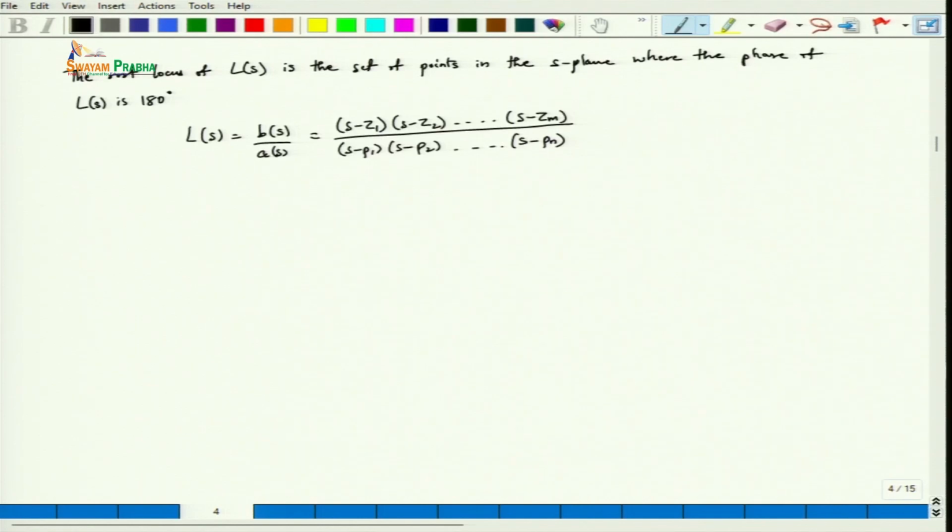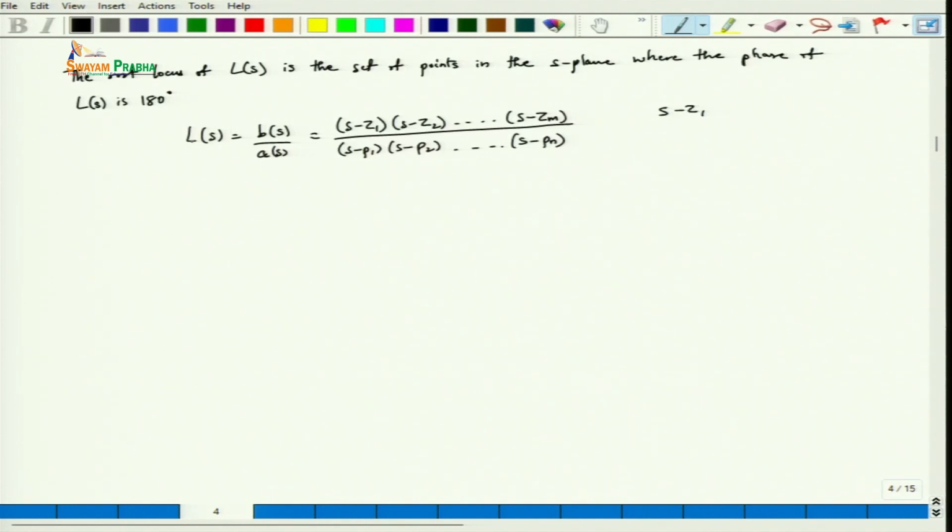So now if we consider any particular portion, like say for example, we just consider S minus Z1. Here this S is a complex number, will have certain magnitude and phase. Similarly, Z1 will have certain magnitude and phase.